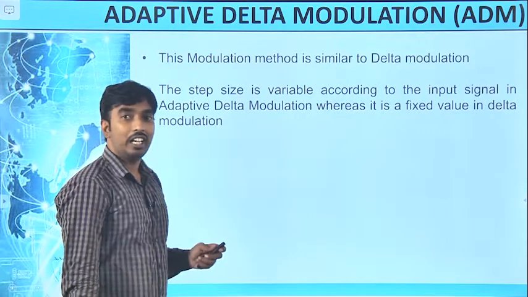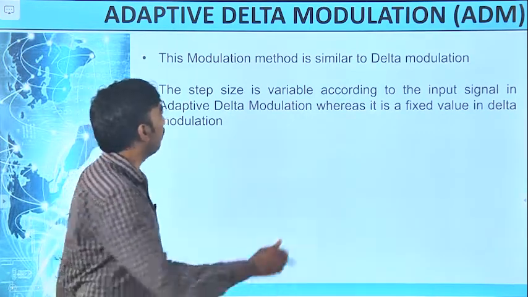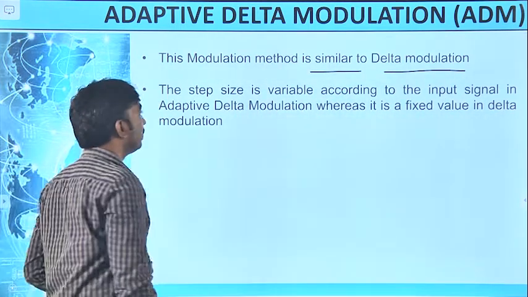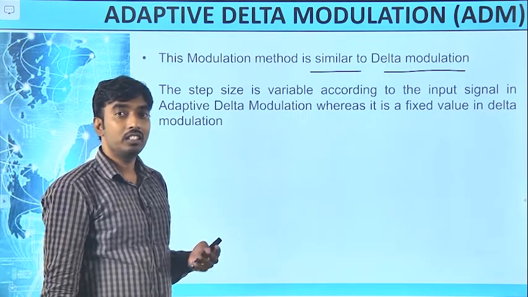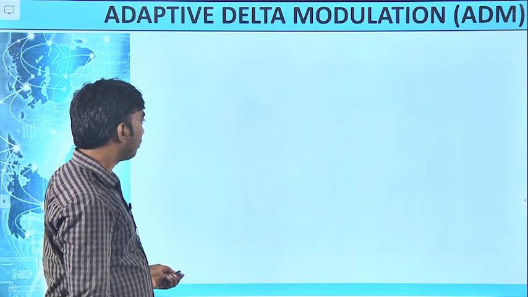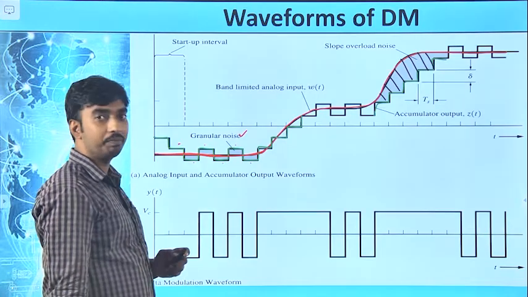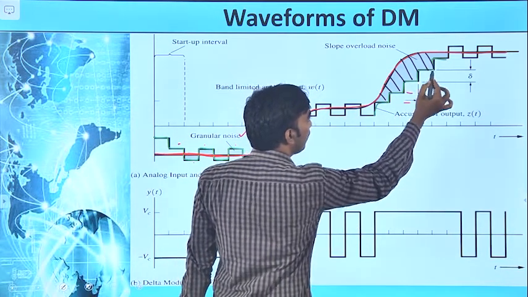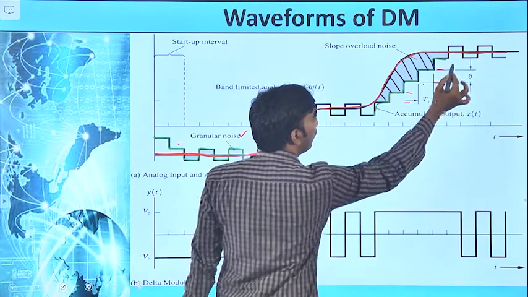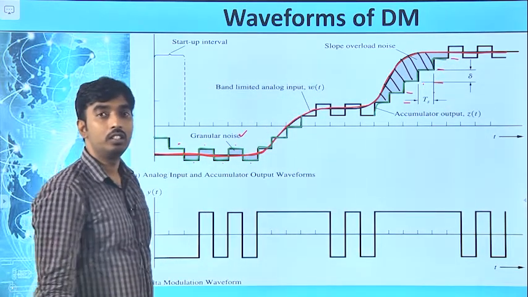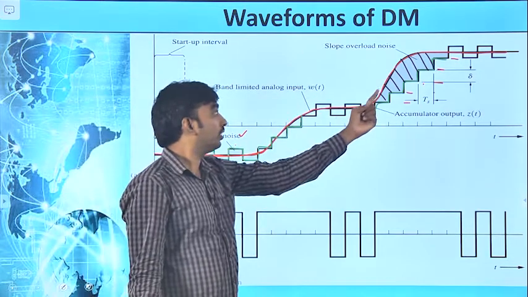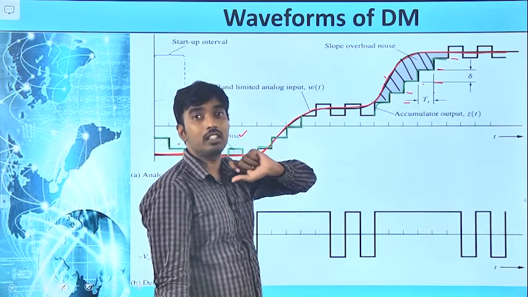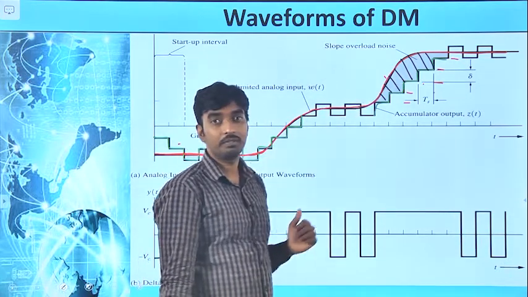Now adaptive delta modulation is very much similar to delta modulation, right? If you see the previous slide, the step size is constant, right? The step size is uniform. Because the slope of the input signal is high and the step size is uniform and small, the deviation occurred.